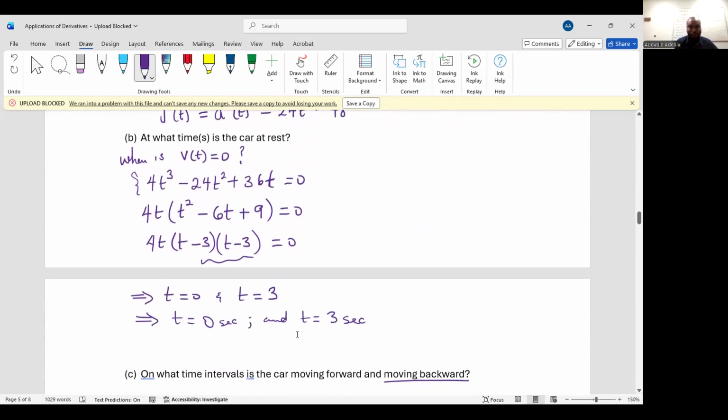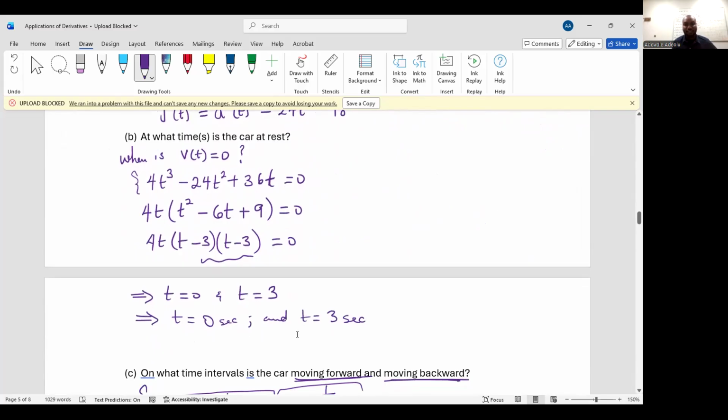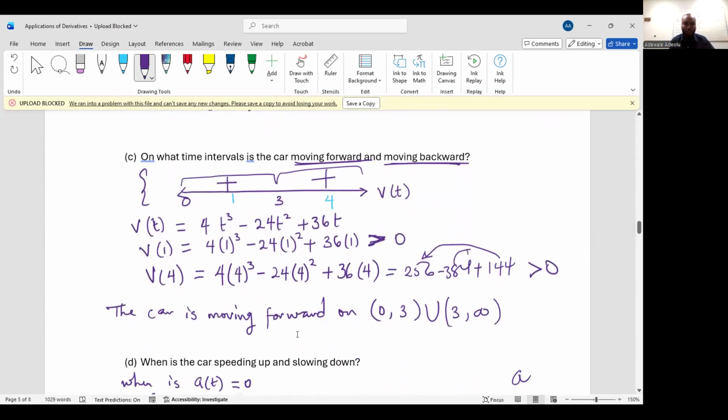Let us see. The car starts from rest. That is when t is 0, starts from rest. And you see the car moves forward because this is positive from 0 to 3. So you can say the car moves forward from 0 to 3 and momentarily stops at 3 seconds and then starts moving forward again.